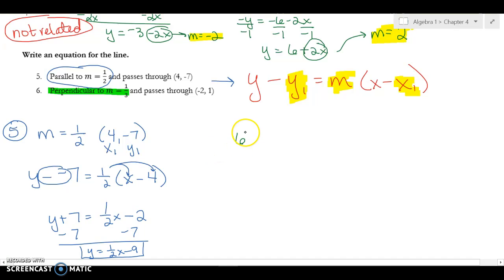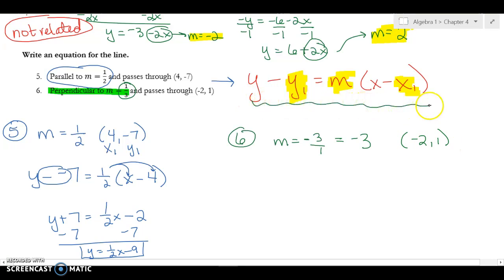So for number 6, I have to flip this slope and change it so it becomes negative. Really, negative 3 divided by 1 is just negative 3. The point I'm using is (-2, 1). Now I'm going to use my formula right there.